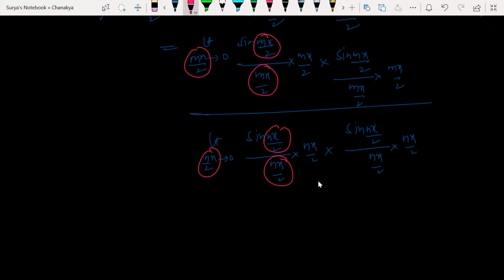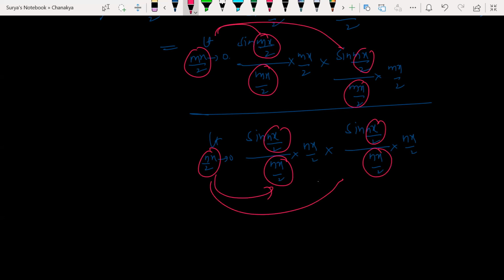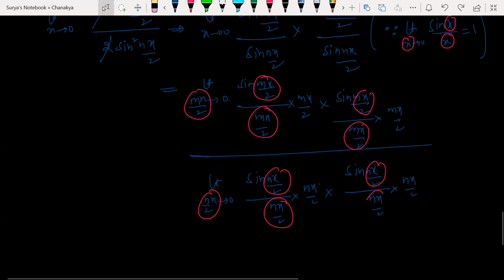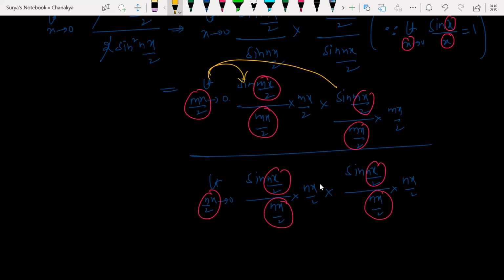Similarly, here also same, here also same. This limit goes for this one and this one. This limit goes for this one as well. You understand? Yes or no? This limit belongs to this function and this function as well. So what do you get now?